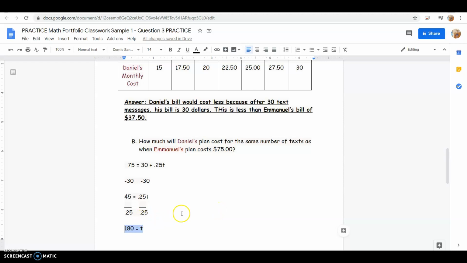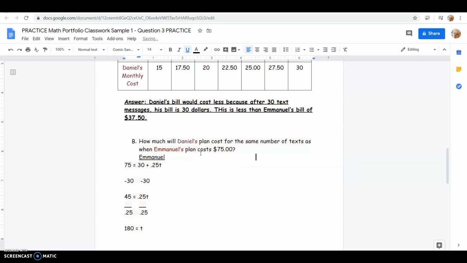You figured out the total number of text messages that Emmanuel sent for this price of $75. So this is Emmanuel. Let's go to Daniel, and I'll show you how to figure out Daniel's. Remember, you're going to use the same steps in the next problem.